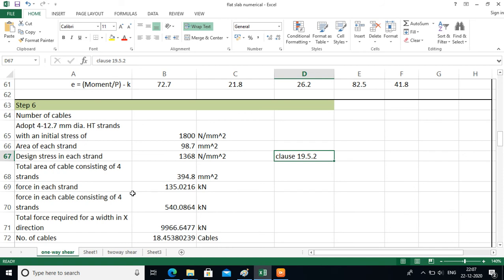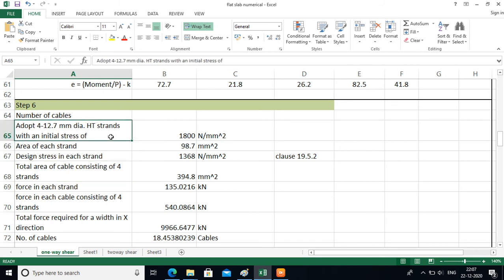Okay. Now once we get this, we can calculate the total area of the cable consisting of 4 strands. See here, our cable is going to consist of 4 strands.